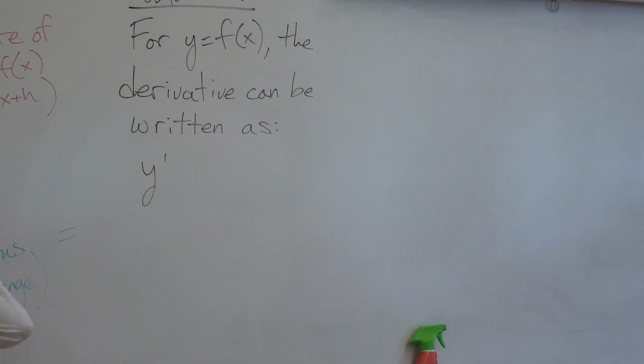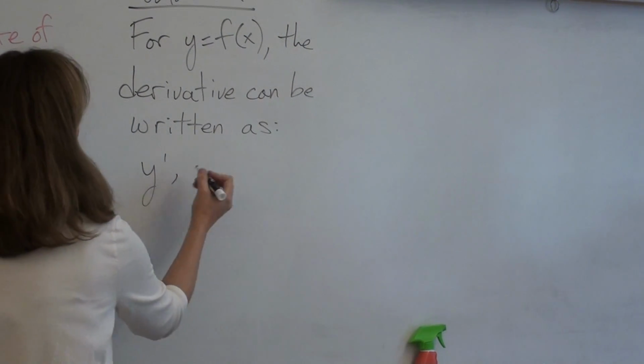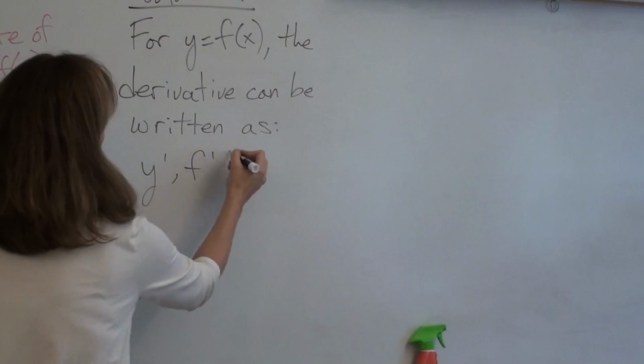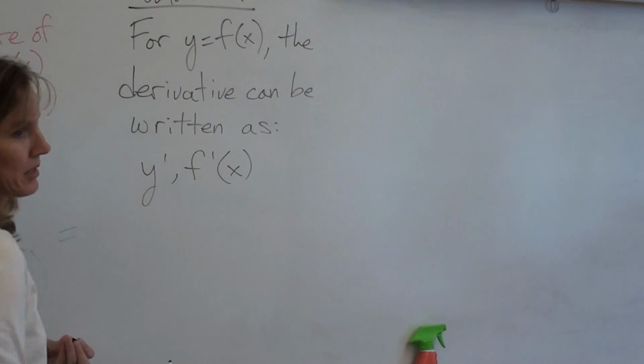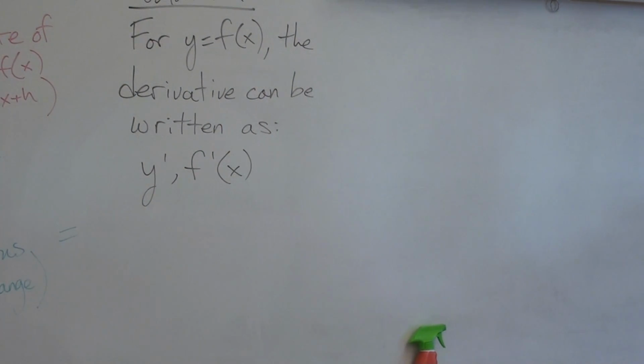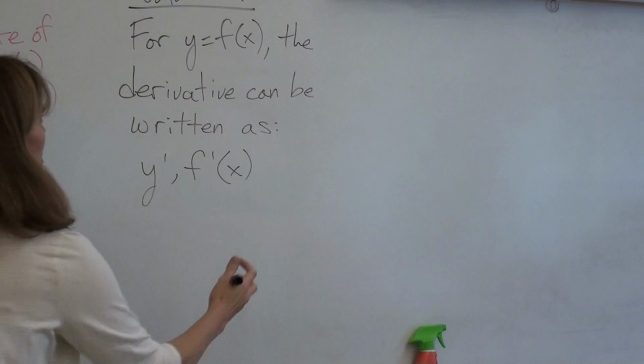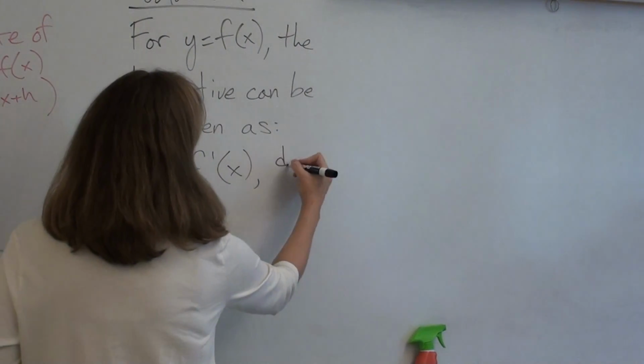So if you see someone saying y prime is 2x plus 3, that means the derivative of y is the function 2x plus 3. You could also, with the same kind of notation but with a function, write f prime of x.